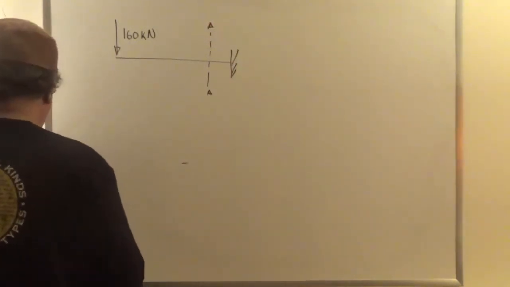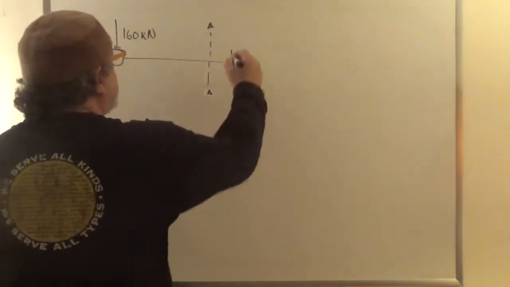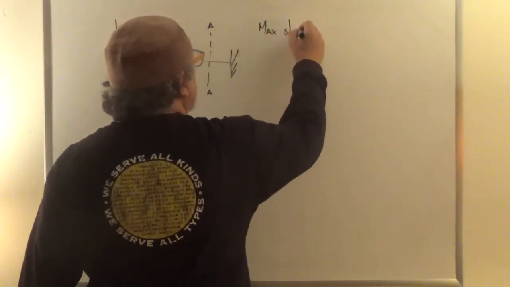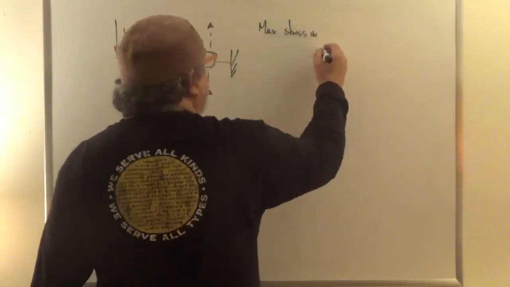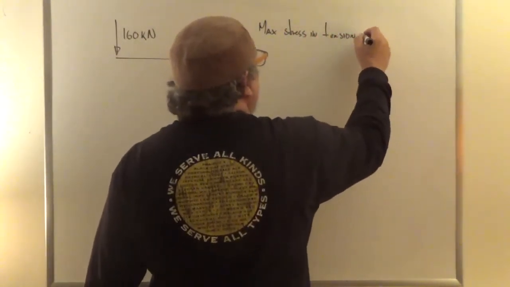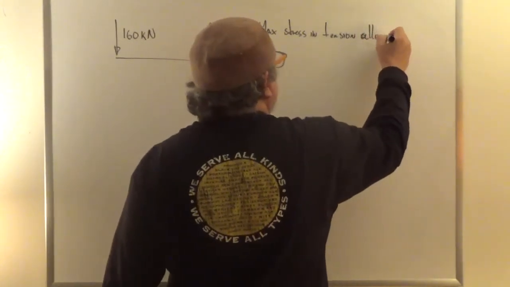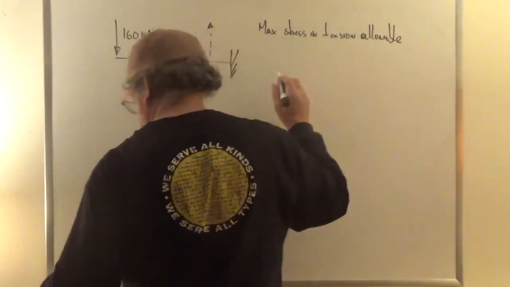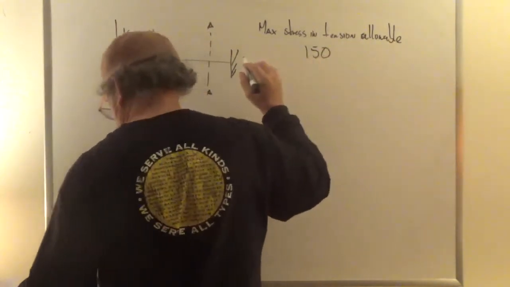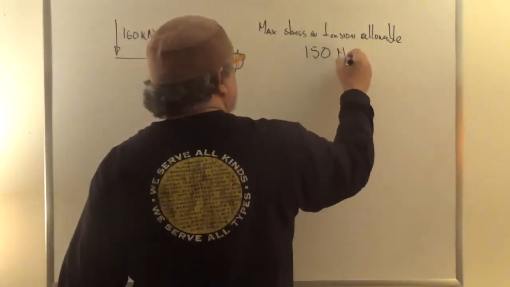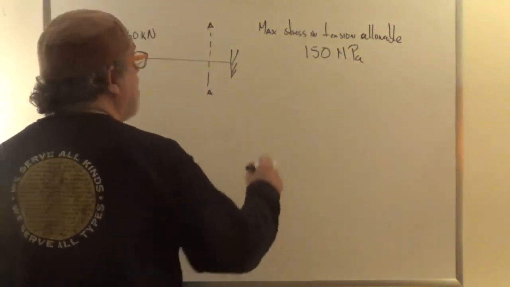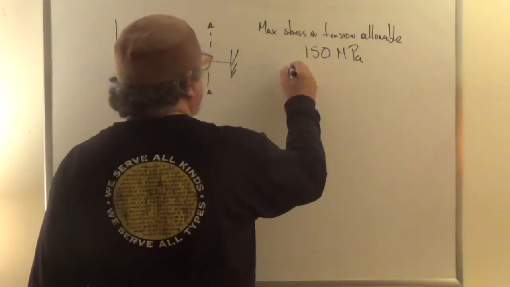And let's say that the maximum stress in tension allowable is 150 megapascals. So the maximum stress in tension allowable is 150 megapascals in section AA.